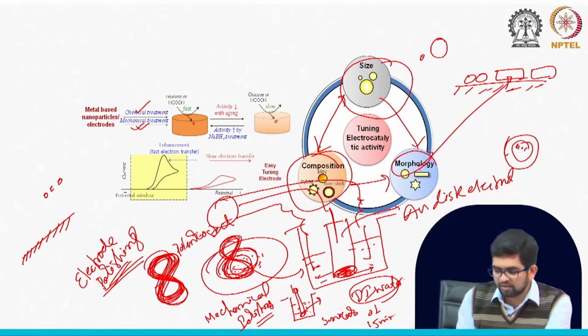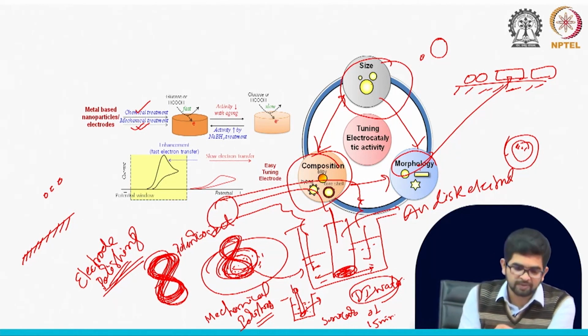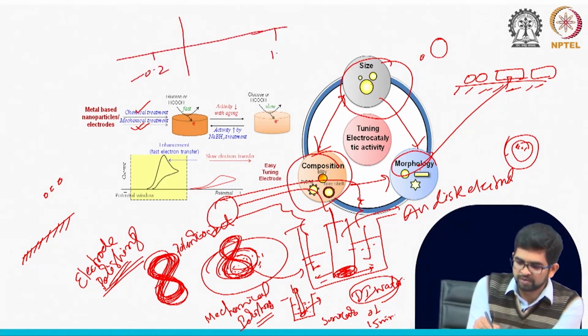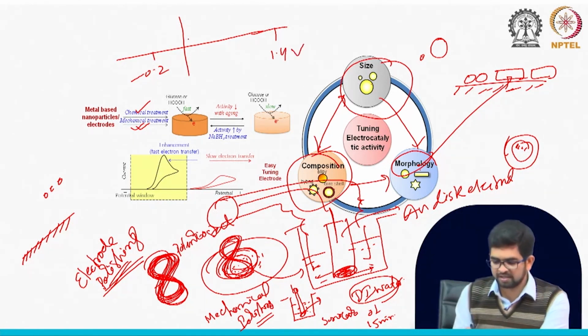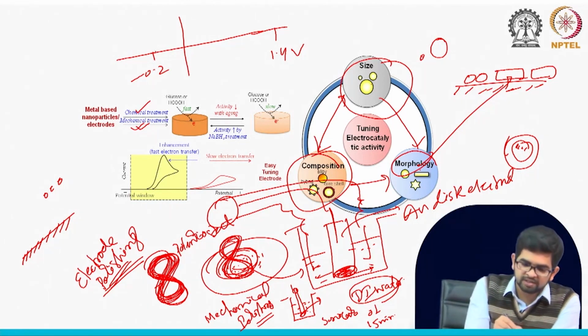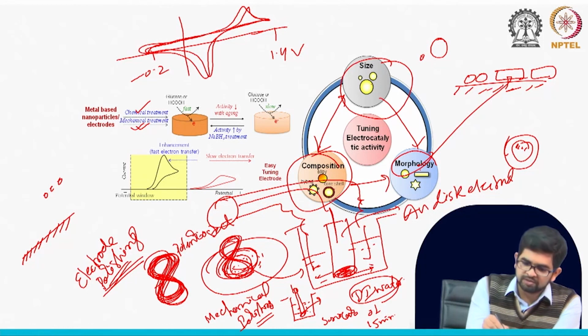and then you can go for the potential cycling, for which you may use, like, minus 0.2 to 1.4 volt. This is the potential cycle for the gold disc electrode. If you go for the potential cycle 20 times, you may see this kind of cycling: oxidation of gold, reduction of gold, oxidation of gold, reduction of gold.